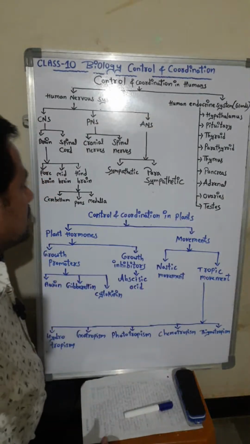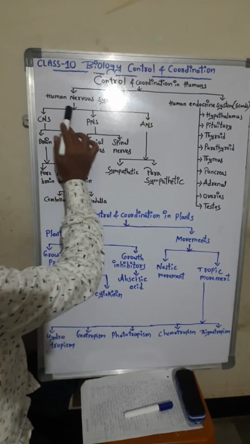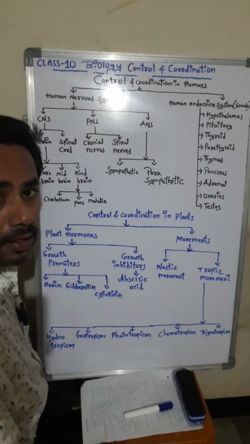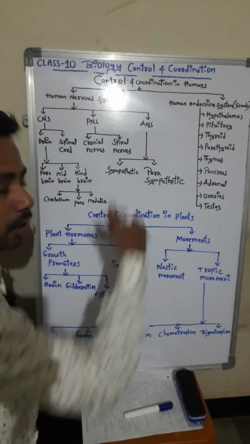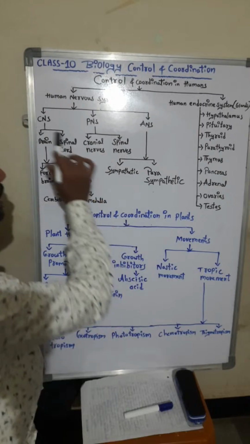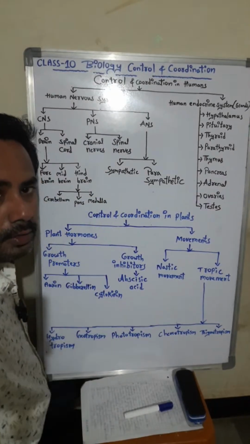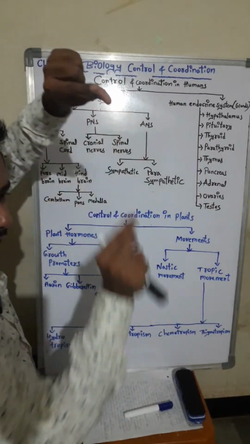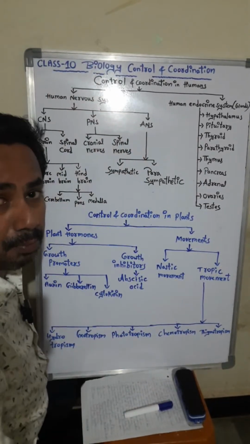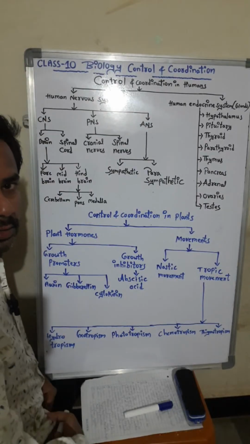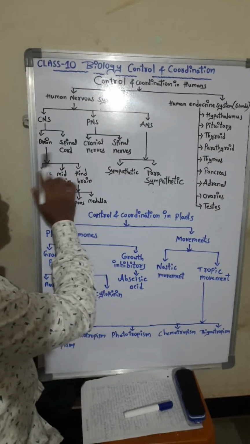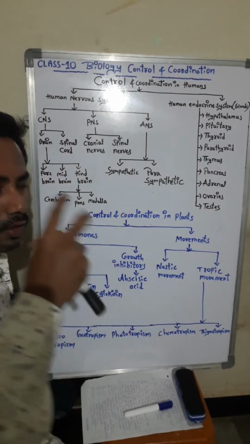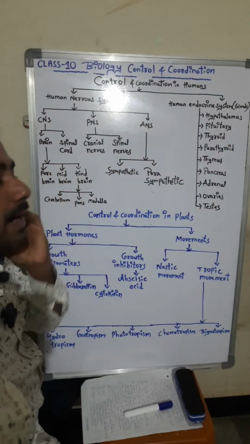Let's continue. Here, the human nervous system is divided into three: CNS, PNS, ANS. Central nervous system; peripheral nervous system; autonomous nervous system. The central nervous system is the brain and spinal cord. From the brain there is an attachment of thread-like structure till the end of the backbone, the spinal cord. The brain is again divided into three parts: forebrain, midbrain, and hindbrain.